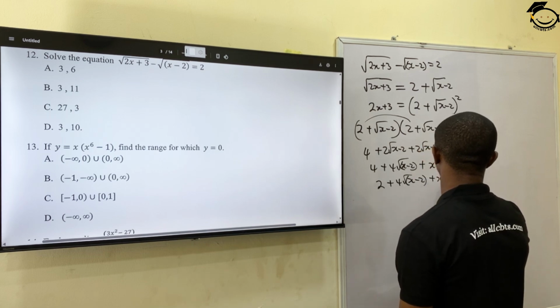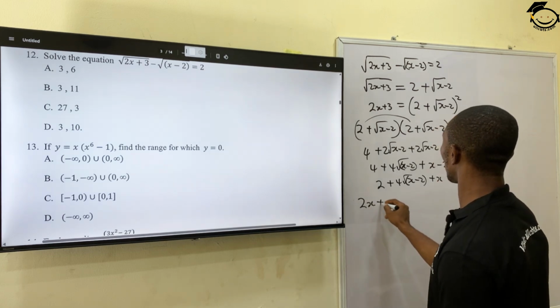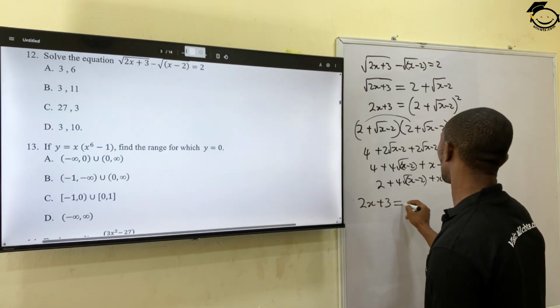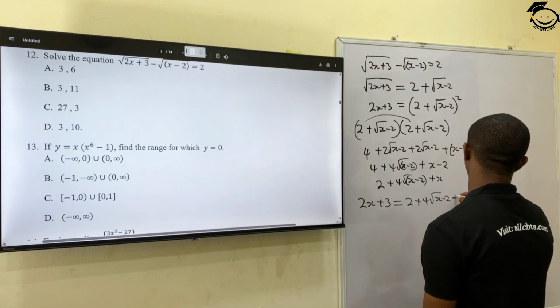Now replacing this, we have 2x plus 3 equals 2 plus 4 root x minus 2 plus x.